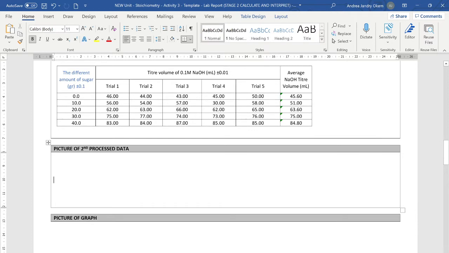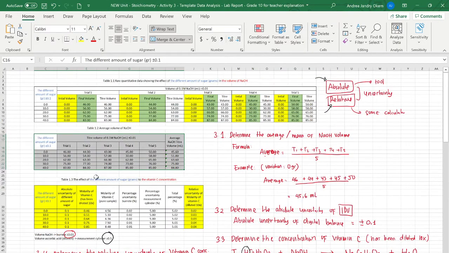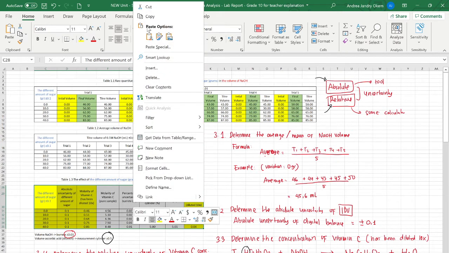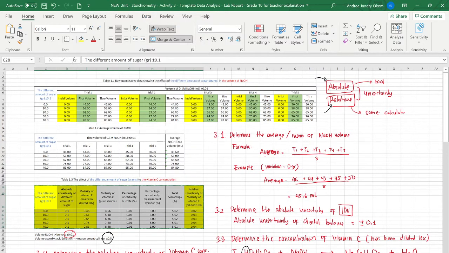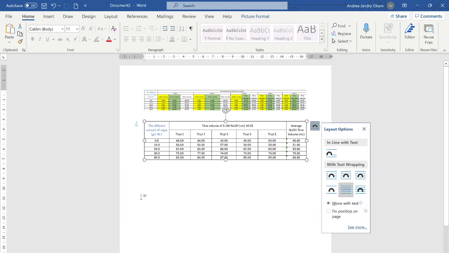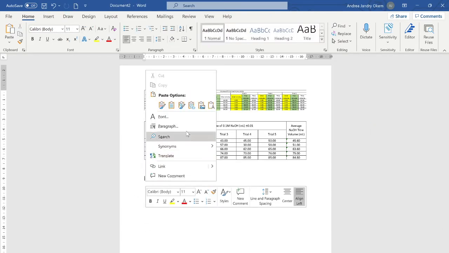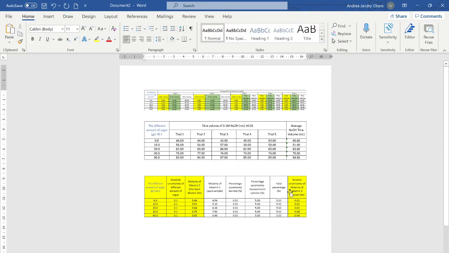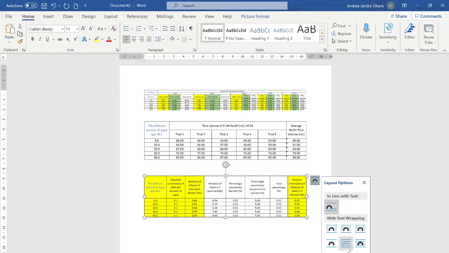Next, we go to the second processed data table. So go back to the Excel and copy paste the third one. Now, there are two options for the second processed data. This is the first one. Remember, you need to paste as a picture and then behind the text.